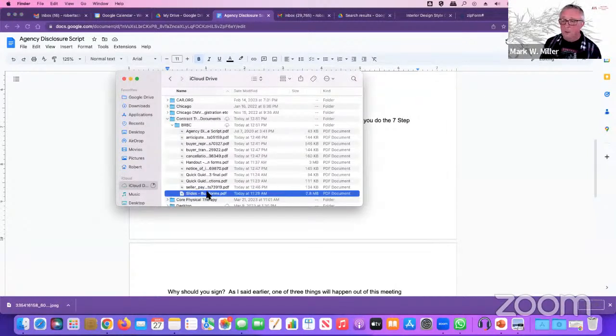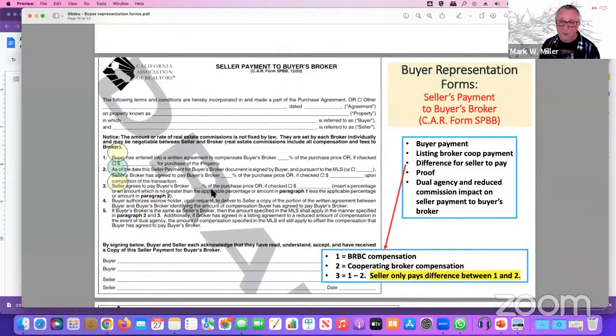Now, is the seller obligated to agree to this? No. But if you ask for the additional compensation and the seller agrees, yeah, well, 3% is normal and the buyer is very strong. I don't disagree with that. I think I can go ahead and do it.